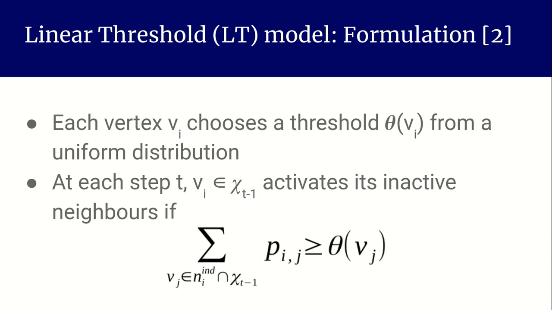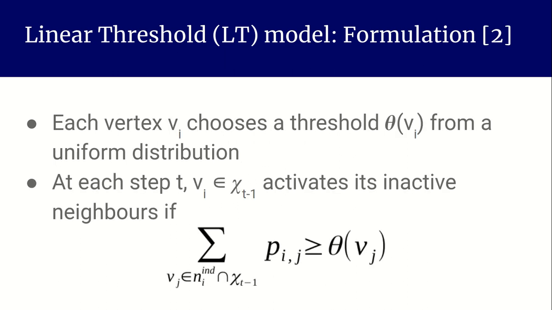Get their probabilities, sum their probabilities, and check whether the sum of those probabilities is greater than or equal to theta, the threshold of node v sub j. If that's the case, then v sub j transits from an inactive node state to an active node state.